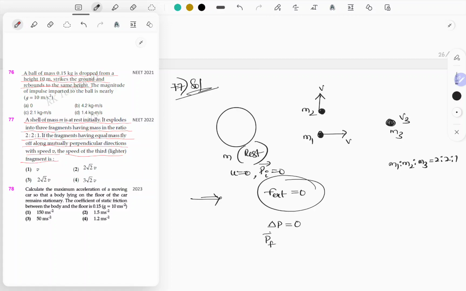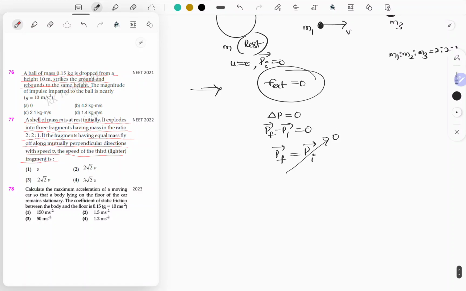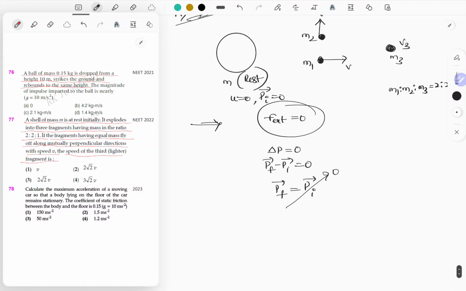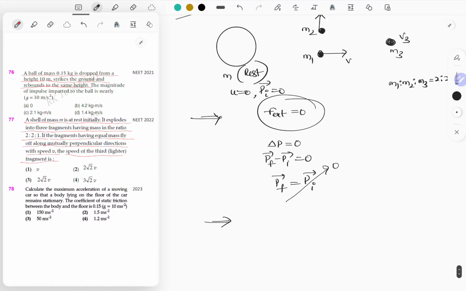That is final momentum minus initial momentum is equal to 0, or you can write final momentum is equal to initial momentum. We know that initial momentum is equal to 0 because the shell is initially at rest. So I have to write down the final momentum.